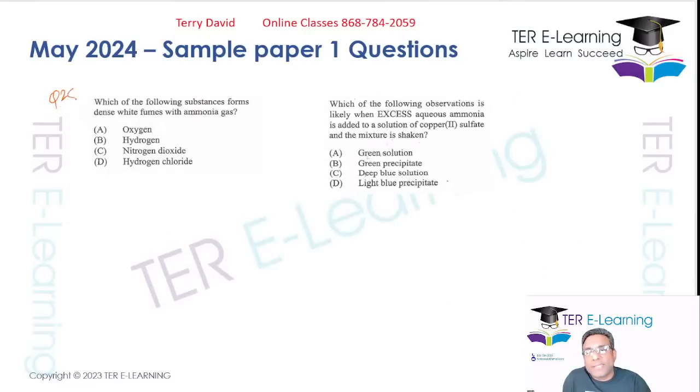Question 28 and question 29. Question 28: which of the following substances forms dense white fumes with ammonia gas? What are they talking about here for question 28?